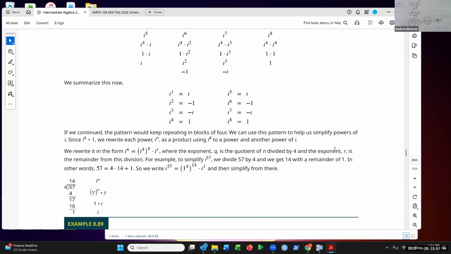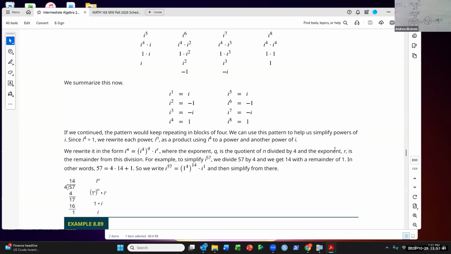We're going to break it down so i to the 62 is going to be i to the 60, 1 times 1 times 1, 15 times over. Then we're going to have the i squared left over. So positive times a positive, and so on, times a negative.